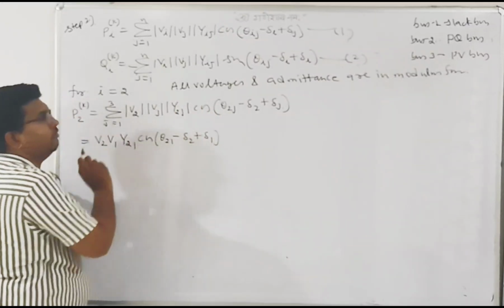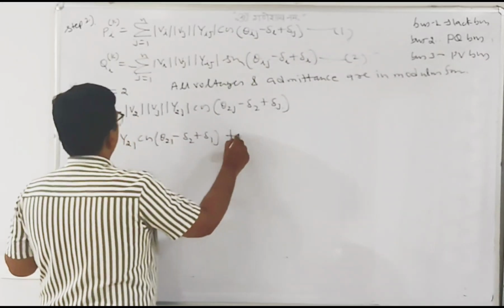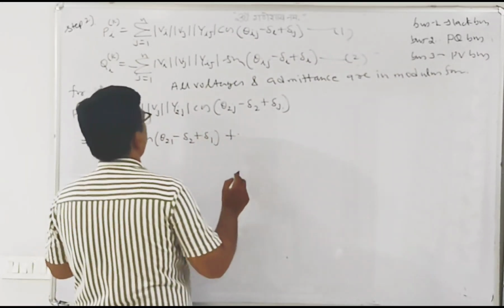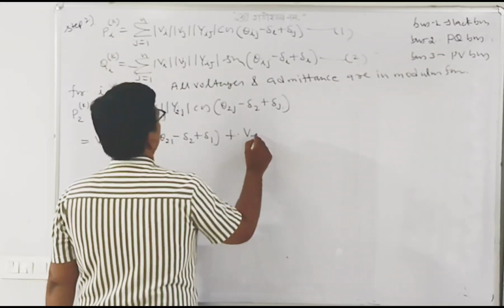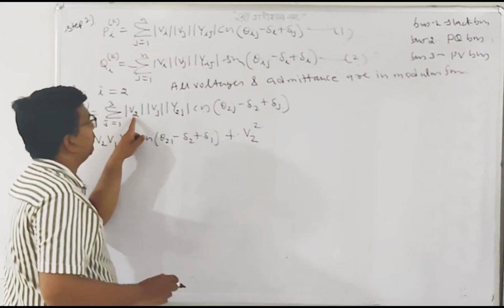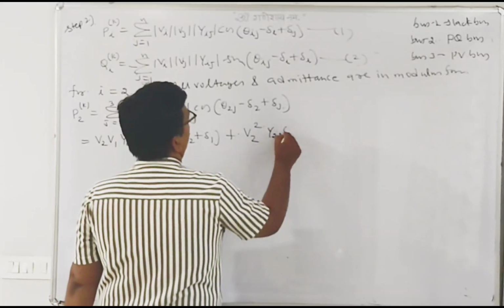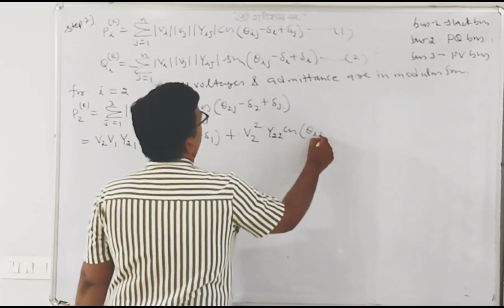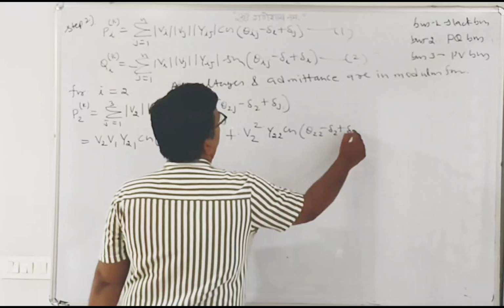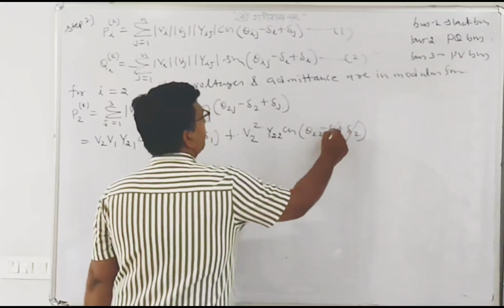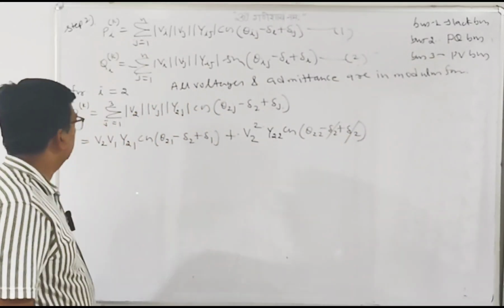I have put j equals 1. Plus, the next term will be V2 square, because j becomes 2, V2 square Y22 cos of (theta 22 minus delta 2 plus delta 2). So this delta 2 and delta 2 will cancel out.